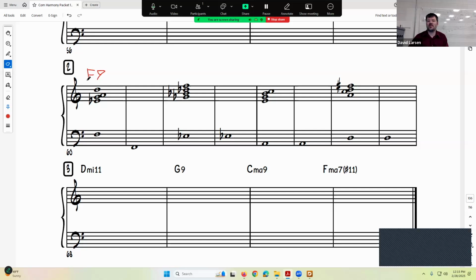Oh, F. Yep. Because what you just said was totally correct. All right, now, what's an A? The third. Is it a major third or a minor third? It's a major third. Okay. So that means it's a dominant 7th chord because it has a major third and a dominant 7th.